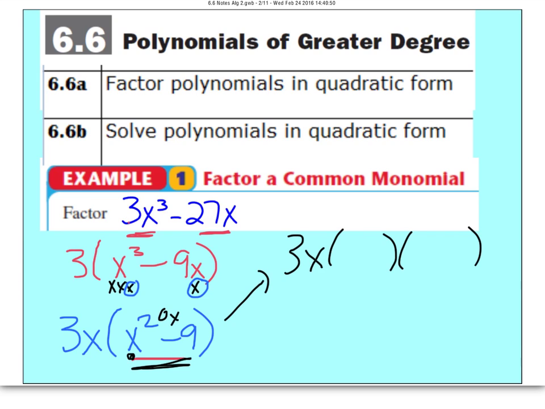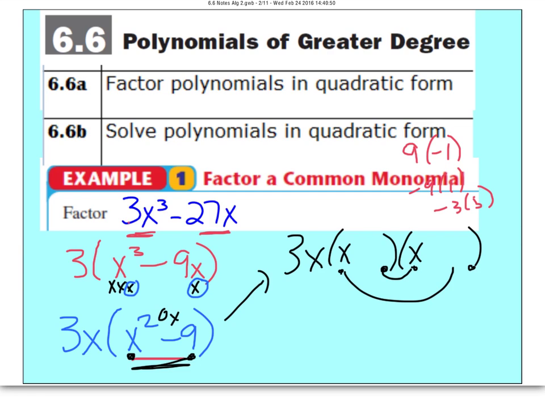So what I do again, the x squared goes here. You can only break that up into x and x. The negative 9 is going to go here, such that when I check these two terms, it'll add to nothing in the middle. Two numbers that multiply to get negative 9, such that they add to 0, would 9 and negative 1 work, negative 9 and 1, or negative 3 and 3.